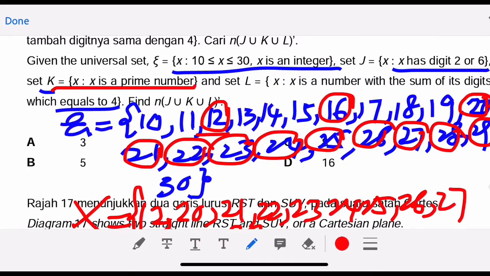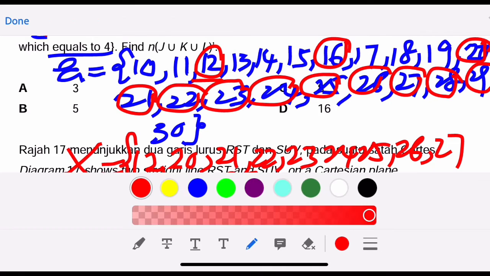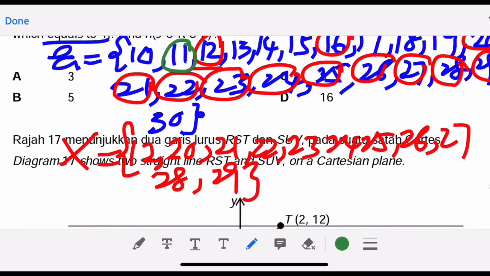Then k is a prime number. Prime number, what are the prime numbers? Prime number means its factors are only 1 and itself, right? I'm going to highlight 11. Okay, 11. So this is k.